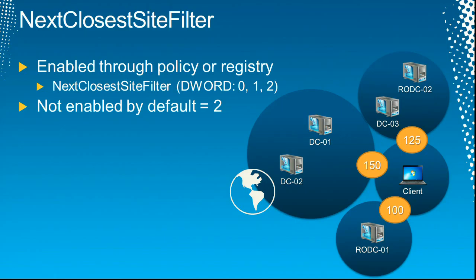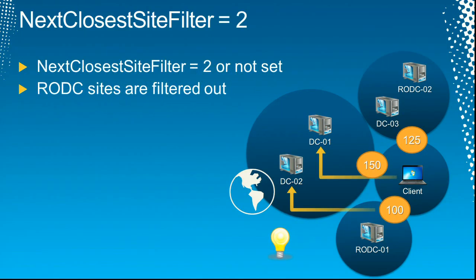So in this case, if the client is requesting a writable domain controller, the sites that have RODCs on them won't be considered as next closest sites. So even though the top and the bottom sites have a lower cost than the left one, those sites are ignored.